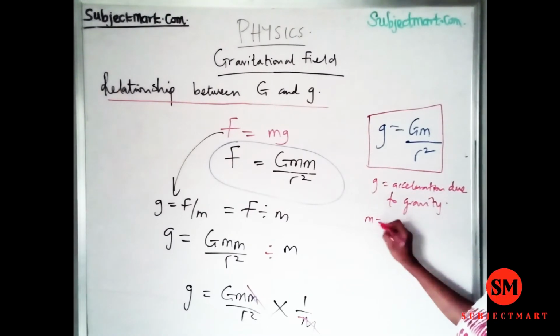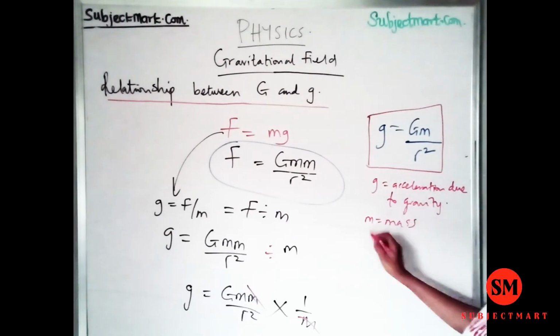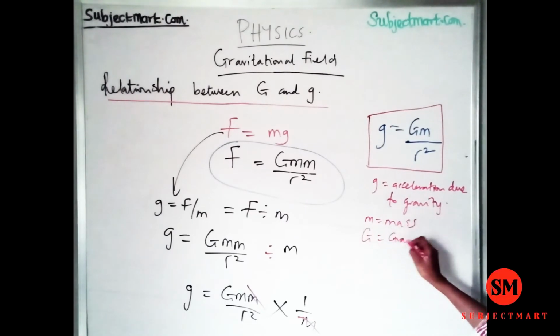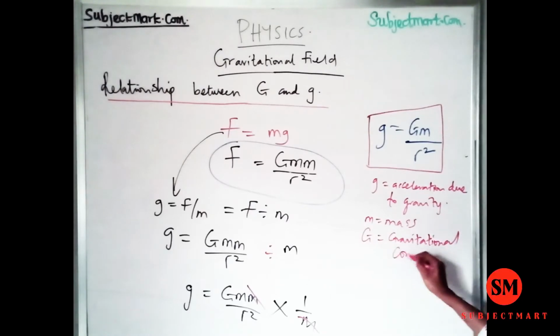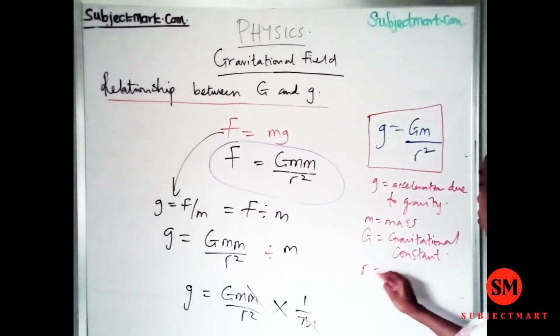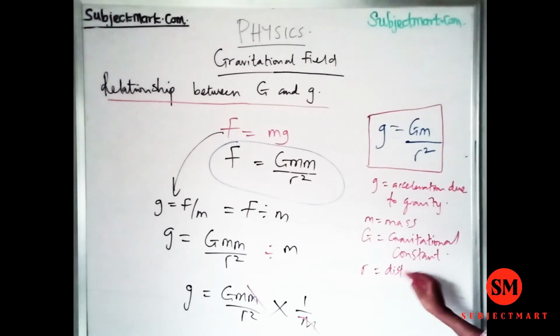Our m is the mass. Our G is the gravitational constant, which is 6.67 times 10 raised to the power minus 11. For g, we use 9.8 meters per second squared. And our R is the distance apart. I want to believe this is very clear.